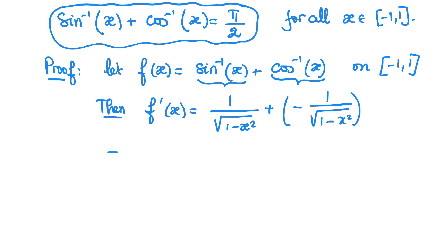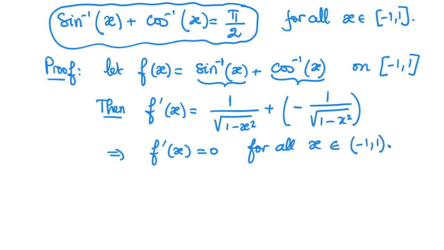That means that the derivative of this function f is equal to 0 for all x in the interval -1, 1. Now, because the derivative is equal to 0, the mean value theorem says that the function is constant everywhere in the interval -1, 1.